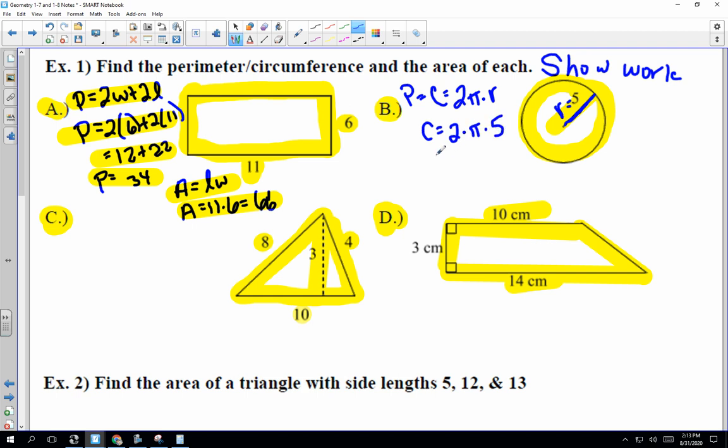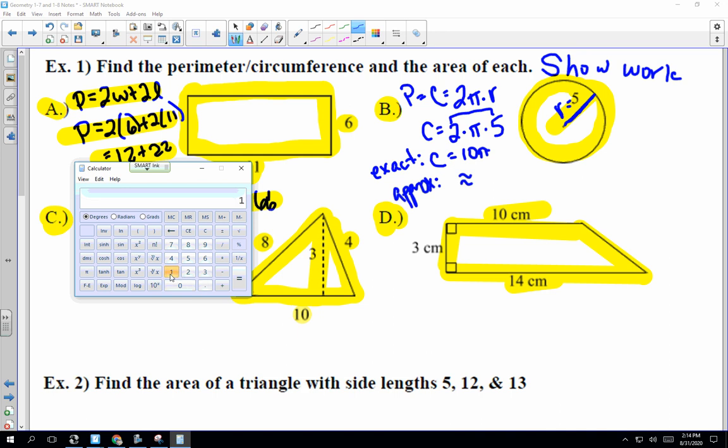If we want an exact solution, then we combine our numbers together and we let pi chill on its own. If we want an approximate, which is the wigglies, we do that in our calculator.